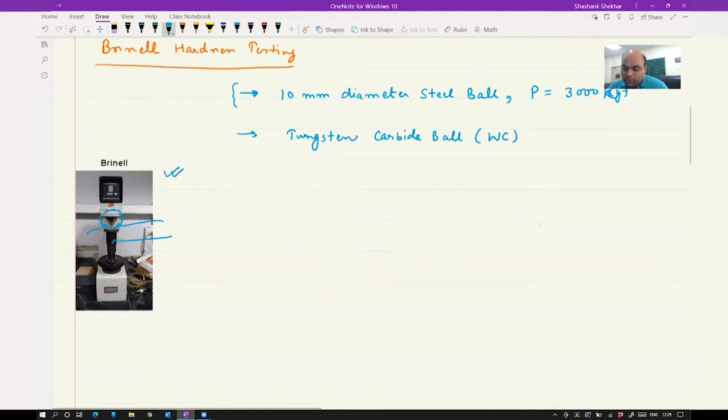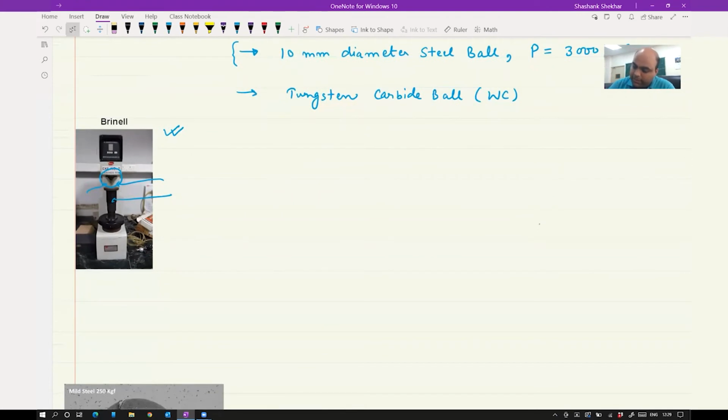The hardness measurement in this case is given as BHN, the Brinell hardness number, and it is given as 2P divided by pi D times D minus square root of D square minus small d square.